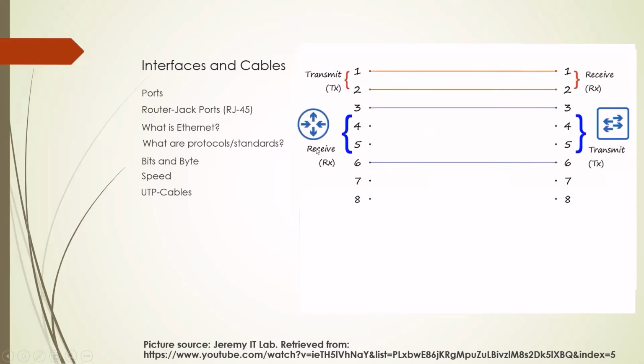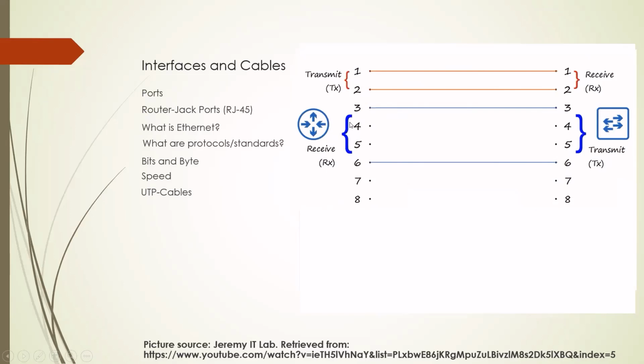Let's change narrative. Let's assume there's a router here now, and you still have a switch. Now you want to connect your router to the switch. It's still the same thing, meaning that on a router, pin 1 and 2 is meant for transmit, while pin 1 and 2 on the switch remains for receive.